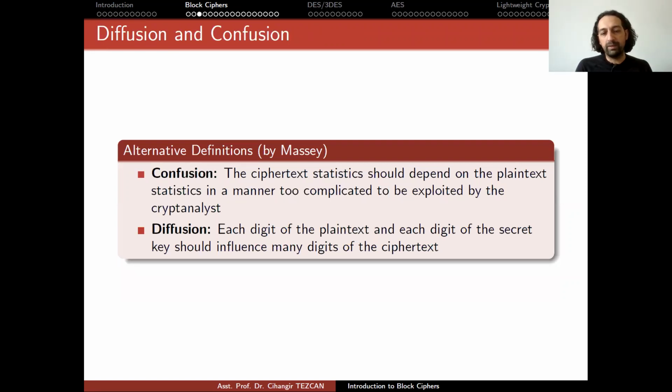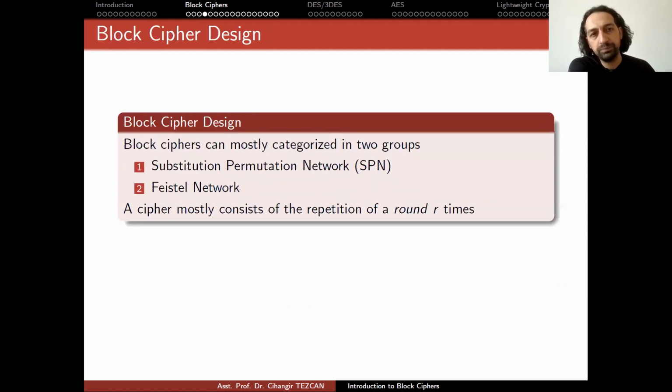By diffusion, we want to make the cipher so that any small change in the plaintext or the key should affect almost the whole ciphertext. So this is the main idea behind diffusion: small changes diffuse so that they affect a lot of the bits of the ciphertext. And confusion is actually where the security lies: by just looking at the ciphertext bits or bytes, they shouldn't provide any information about the plaintext.